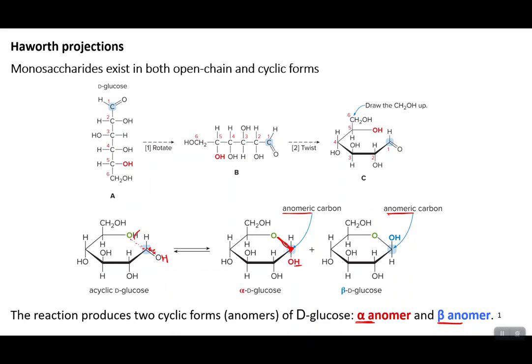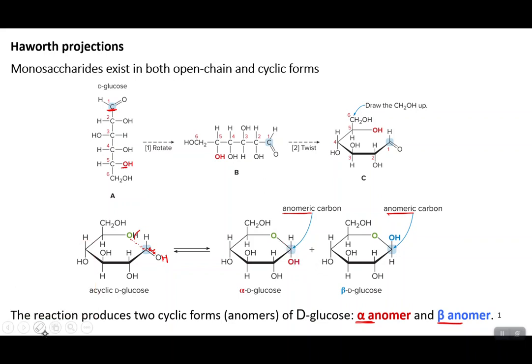So the point here is that when this reaction happens, you form a bond between the oxygen on carbon 6, which was this oxygen here, and your carbonyl carbon, which is this one up here. And that happens by bringing the molecule around and in close proximity. So when you do that, let's clean this up a little bit.